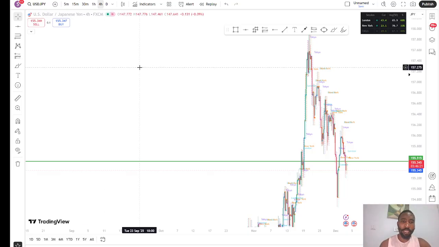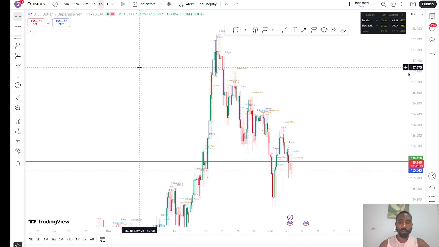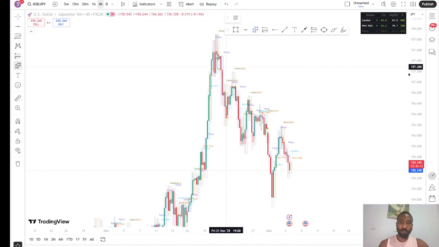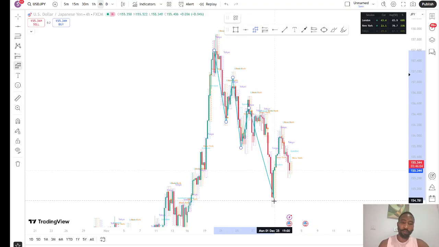So now we can see the area of interest. The market has been creating lower low and lower high, lower low, lower high, lower low. Now we are on another lower high. So this is my entry.